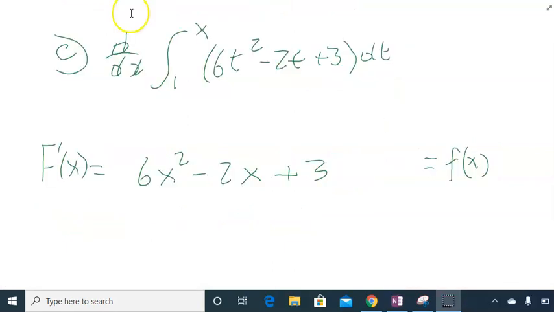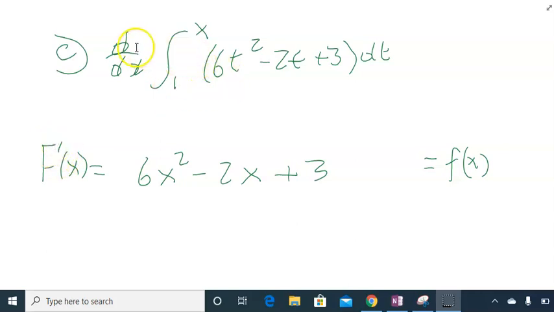Part C, we take d/dx of the integral from 1 to x of 6t squared minus 2t plus 3 dt. You can imagine the d/dx somewhat undoing this integral, the derivative undoing the integral. So what is left inside is the function 6t squared minus 2t plus 3 evaluated at x.